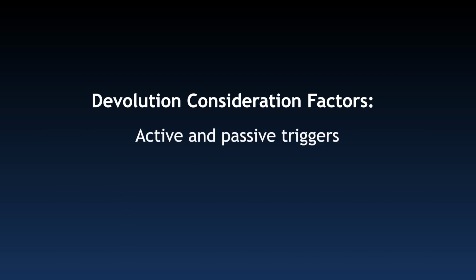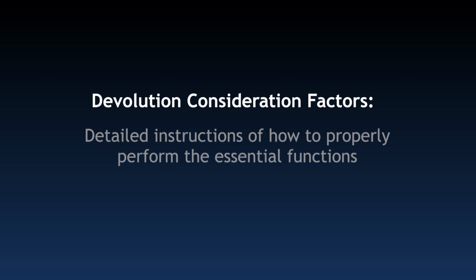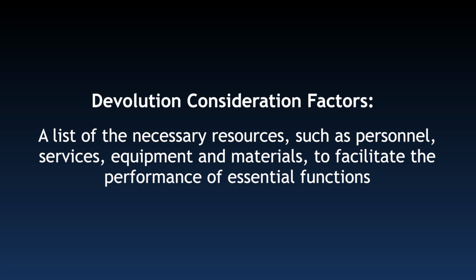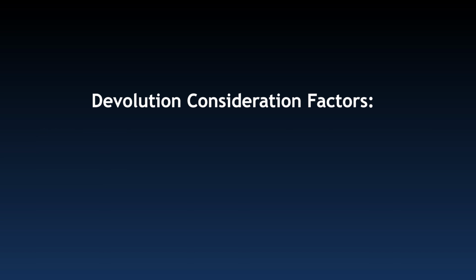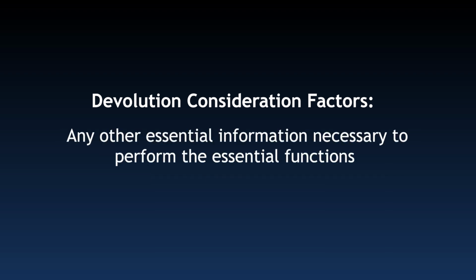Active and passive triggers address how, when, and for how long a transfer of essential functions will occur, detailed instructions of how to properly perform the essential functions, a list of necessary resources such as personnel, services, equipment, and materials to facilitate the performance of essential functions, a contact list of all stakeholders, partners, and subject matter experts pertinent to the essential functions, and any other essential information necessary to perform the essential functions.